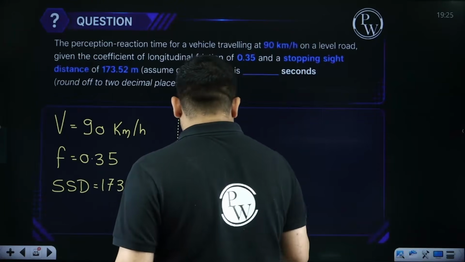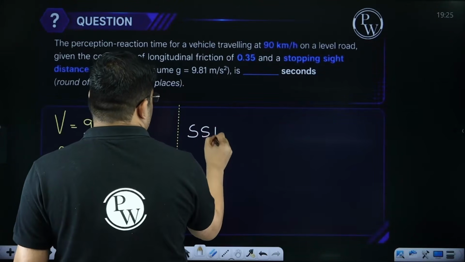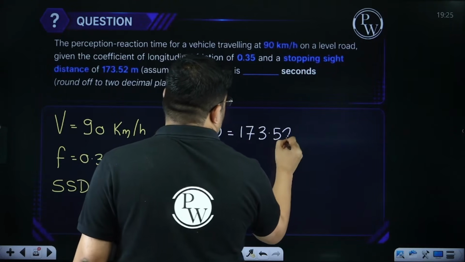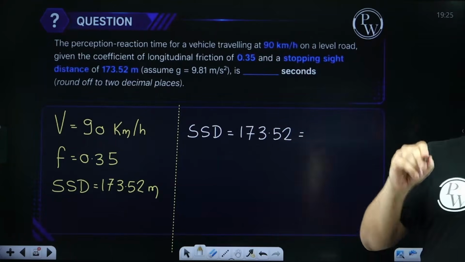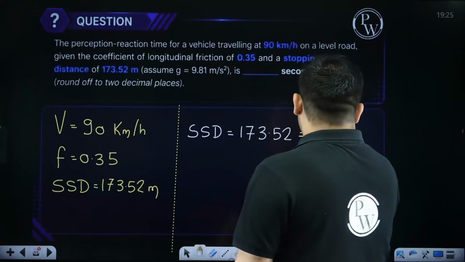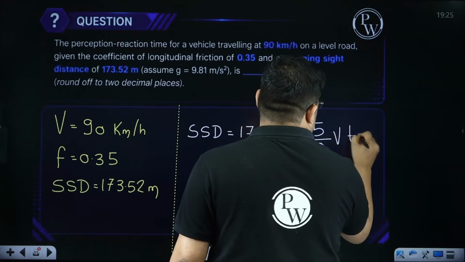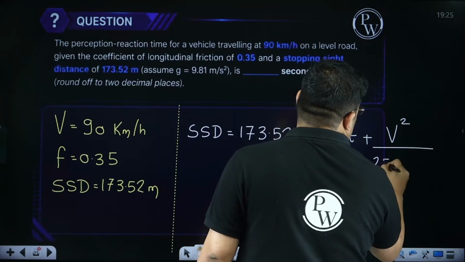So in this question, the stopping sight distance SSD is given to us as 173.52. It is equal to the lag distance plus the braking distance. So the lag distance is 5 by 18 capital V into T, plus V square by 254.